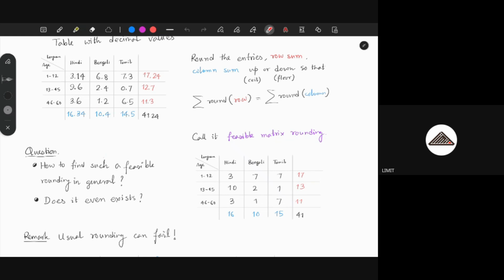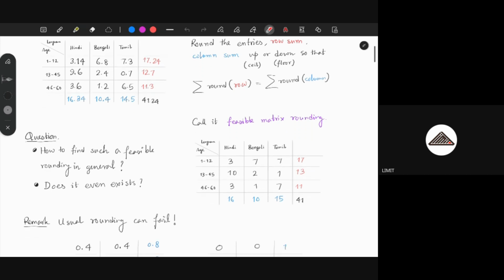So one question is: how do we find such a matrix rounding? Maybe we showed one instance, that's okay. But in general, if we want to do this for, let's say, a 3 by 3, or for some thousand by some million matrix, how can we do this? We want to tell the computer to do this.